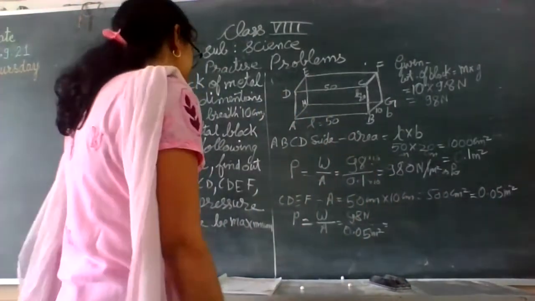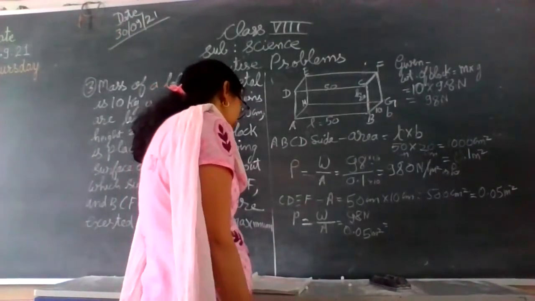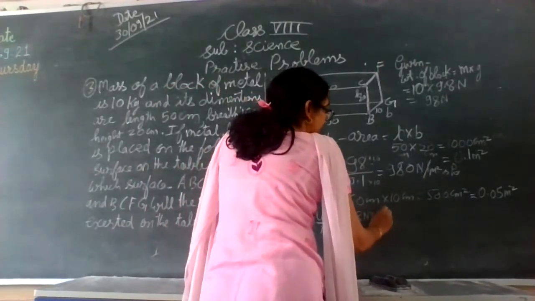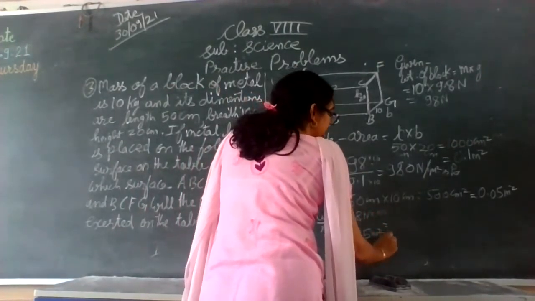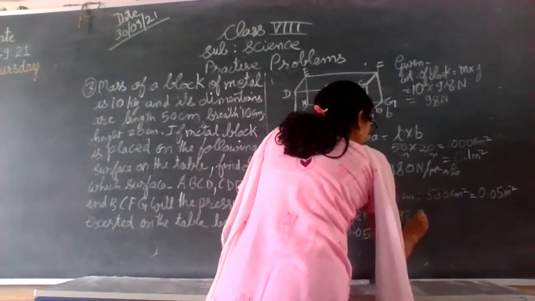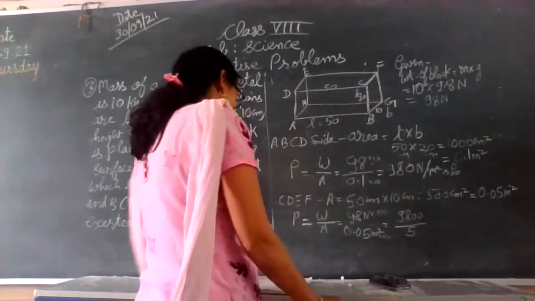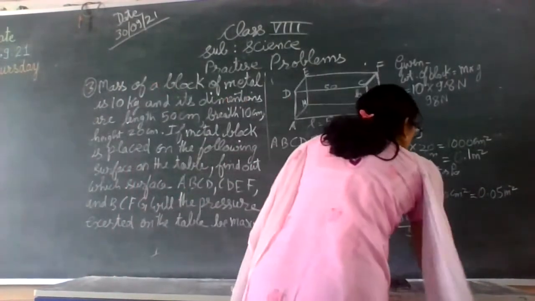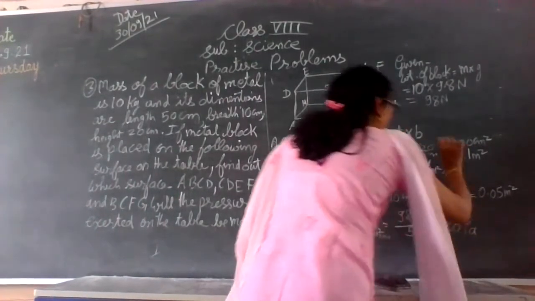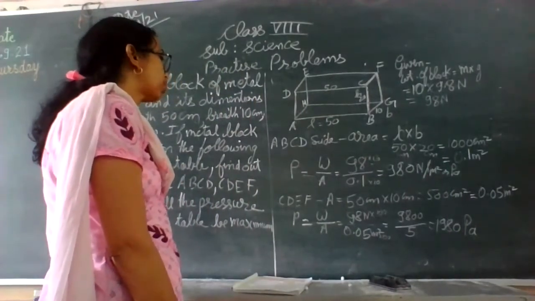In that case, how much is going to be the pressure that we can calculate? Just multiply the numerator and denominator by 100 to remove the point, and you will get 9800 divided by 5. That will come up to 1960 Pascal or Newton per meter square.